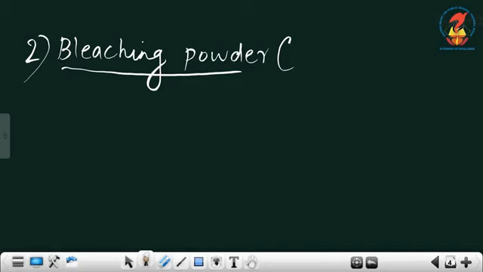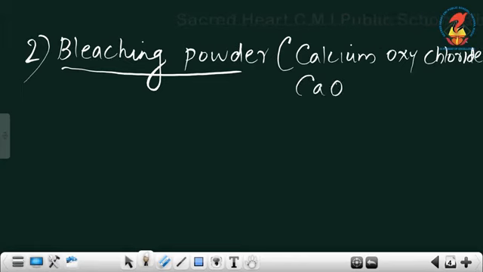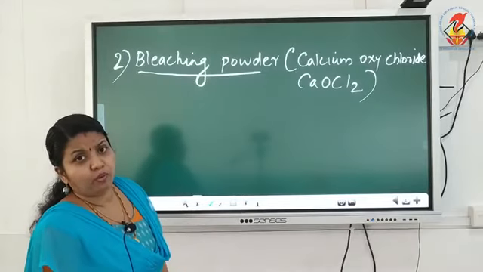The chemical name is calcium oxychloride with the formula CaOCl2. Bleaching powder is the common name of the chemical substance calcium oxychloride with the formula CaOCl2.